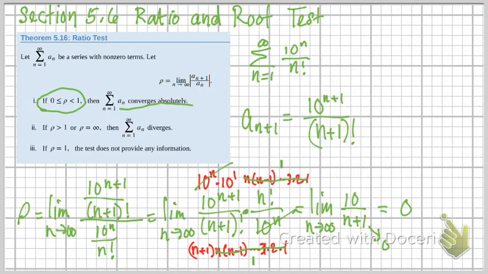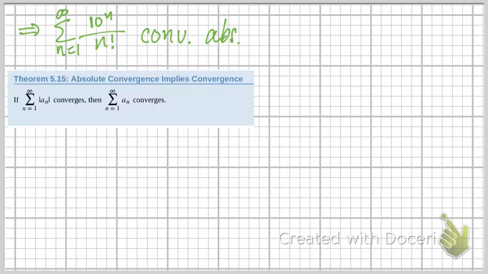So what we would write, given all this information, I'm going to move to the next page, and I'm going to say this implies that the series converges absolutely. Do you remember what theorem I said we were going to use from the last section? Here it is.